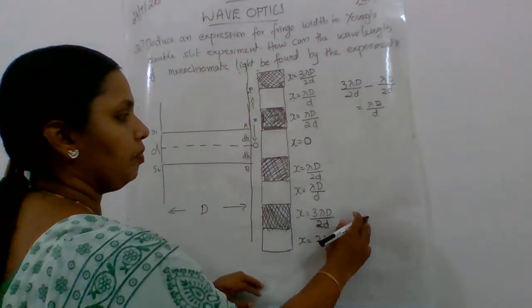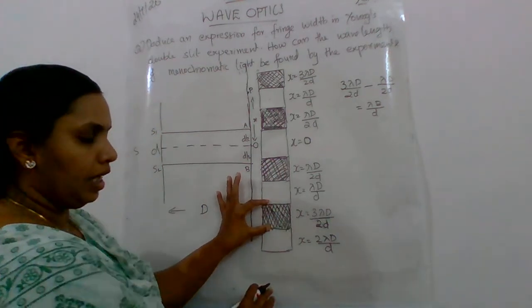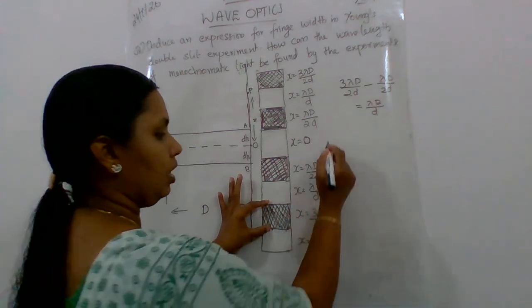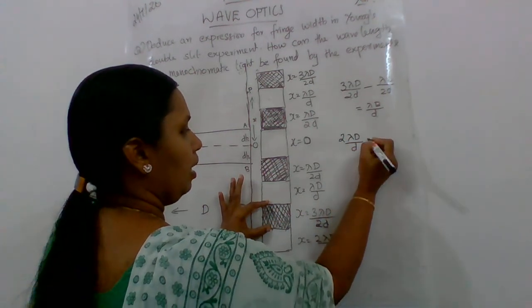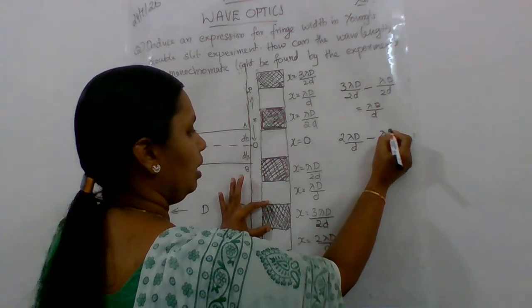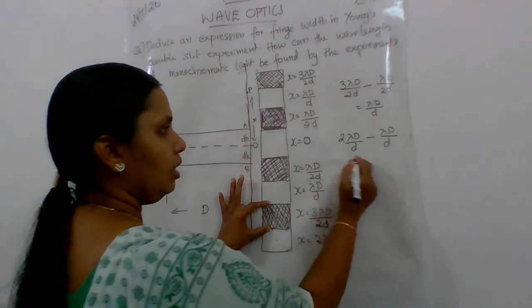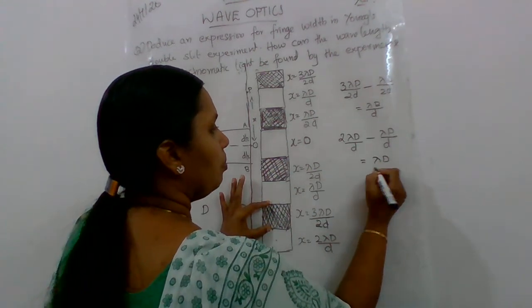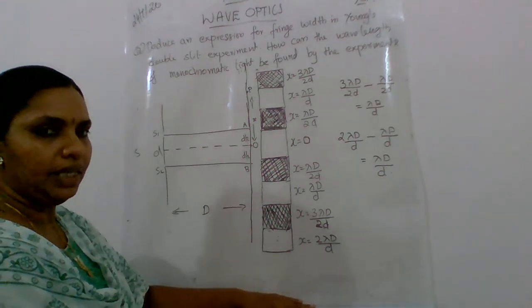And look at this dark. Where is this dark? This dark is between two brights. So where is the position? That is between 2λD by d and λD by d. Like between two brights, this dark is situated. So how much is it? It is also equal to λD by d.